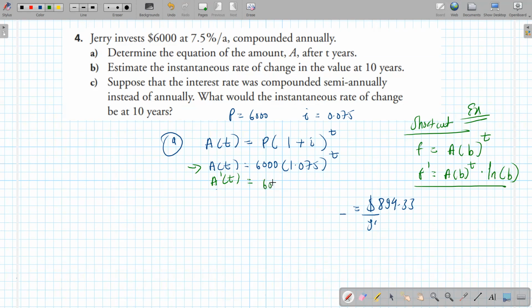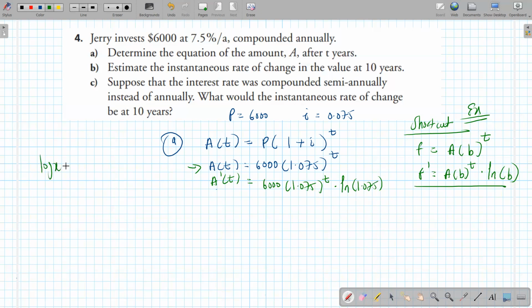So 6,000, whatever you had initially. A is 6,000, B is 1.075, t is t. Whatever you had is going to come right back, except you multiply this with ln of what number? 1.075. That's it. Ln is the natural logarithm.